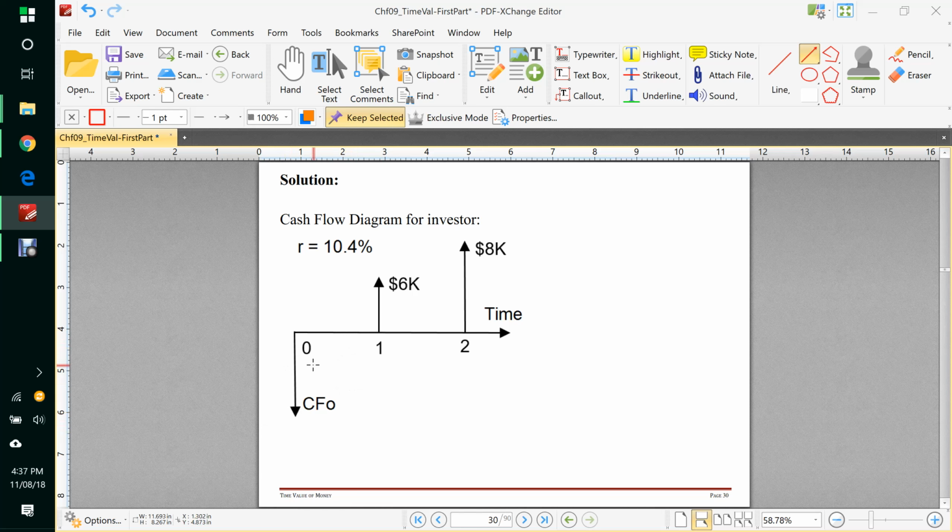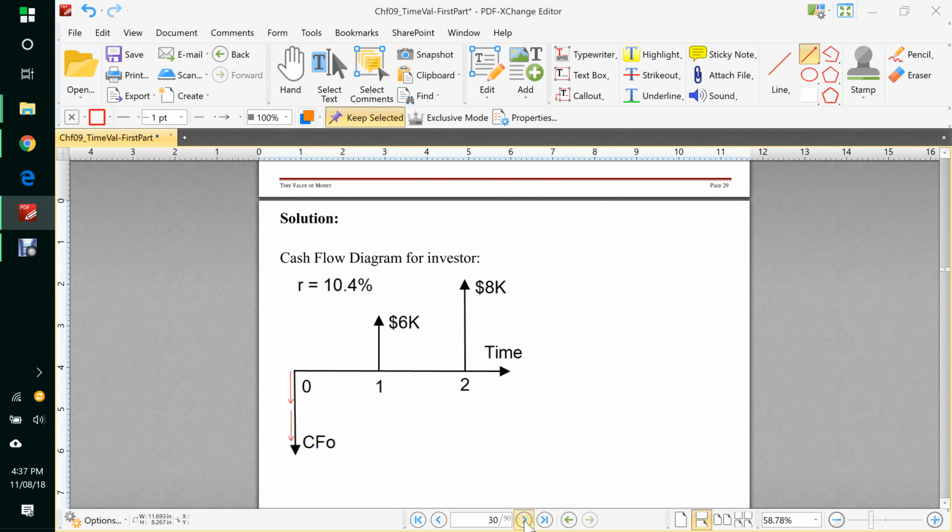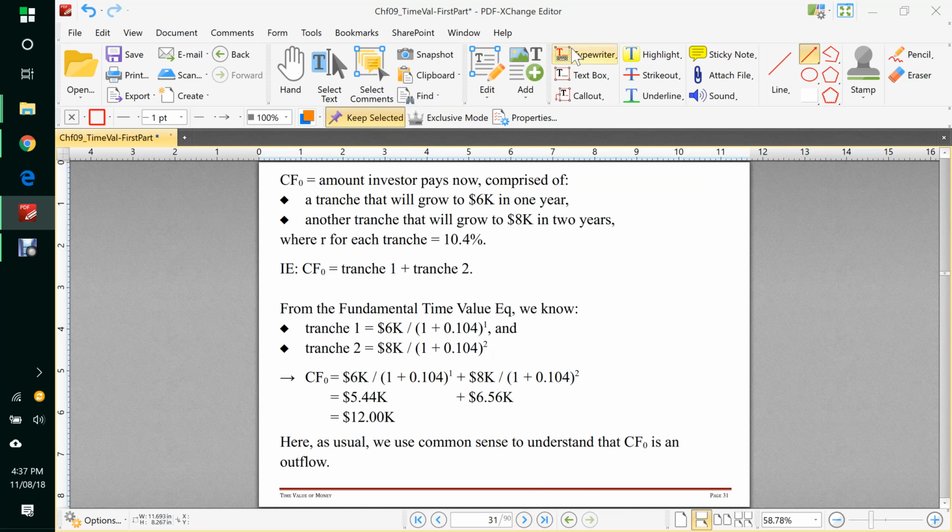Okay, well, there's a nice way that we can think about this to use only what we already know to solve this problem. Why don't we break this CF0 into 2 pieces? I'm going to say this piece here and this piece here. Let's go back to our little typewriter tool.